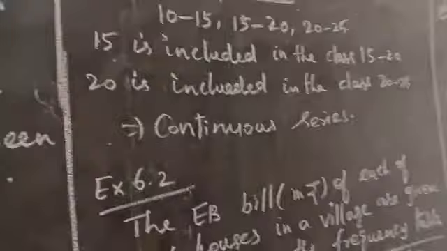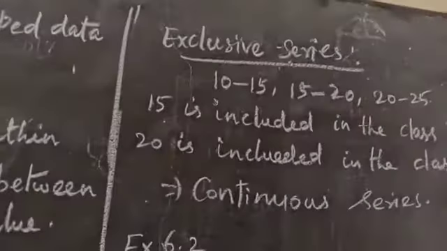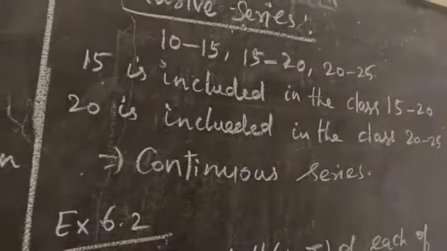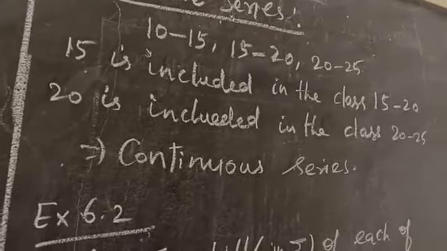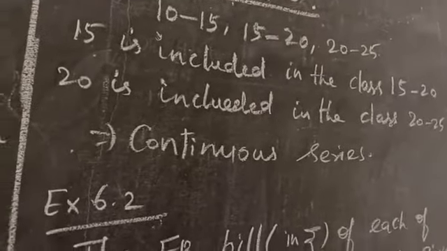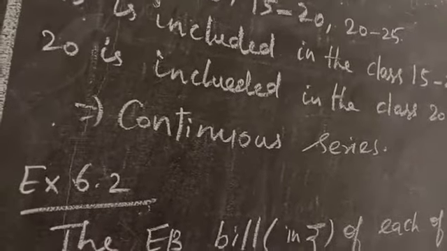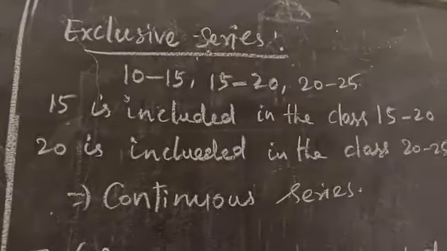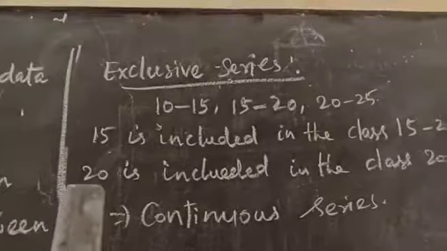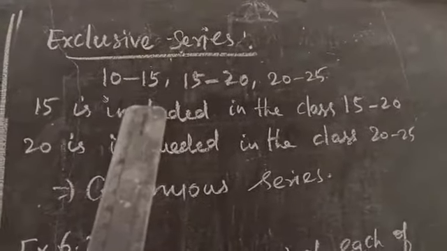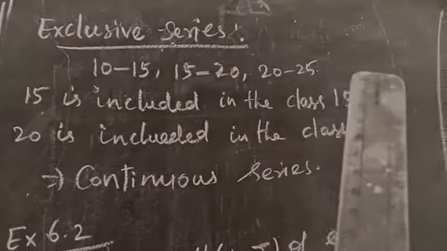Then the second one, exclusive series. In the class intervals, if the upper limit of one class interval is the lower limit of the next class interval, then it is called the exclusive series. Listen students, 10 to 15, 15 to 20, 20 to 25.